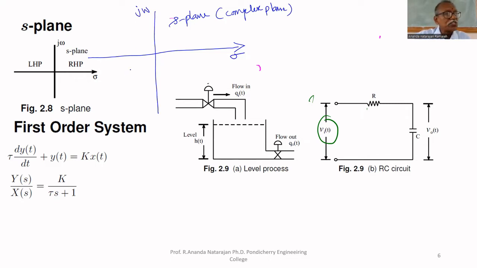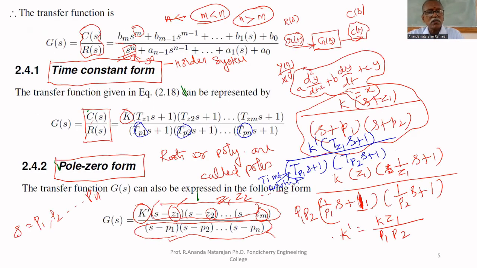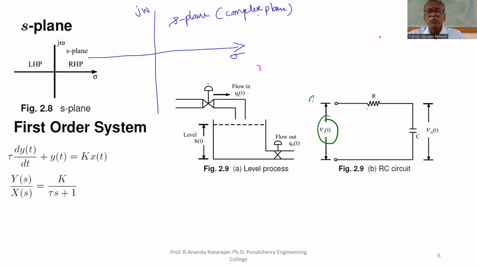If you plot the poles of these systems, how to plot them? How do you find the roots? S equals minus P1, S equals minus P2.